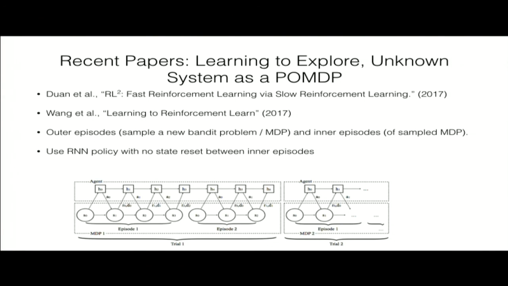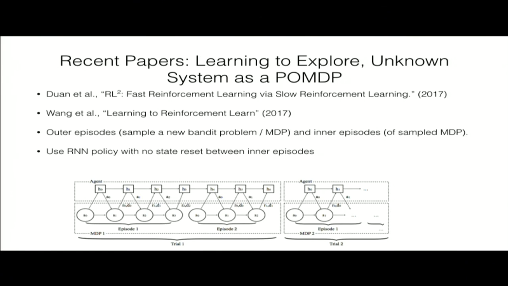So you get a random inner MDP and you perform 10 episodes in that inner MDP. That way, the optimal policy for the outer POMDP is to first explore in the first episode and try to gain as much information as possible and then exploit it in the later episodes.